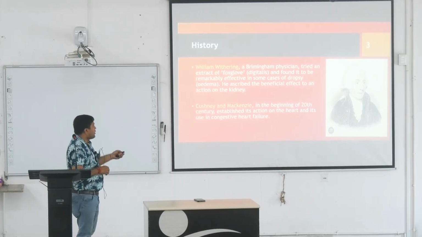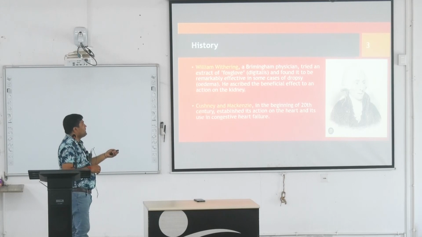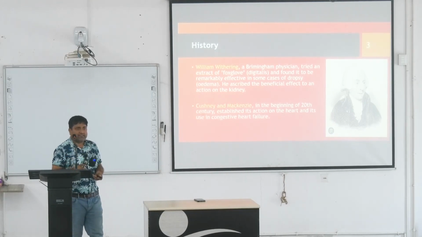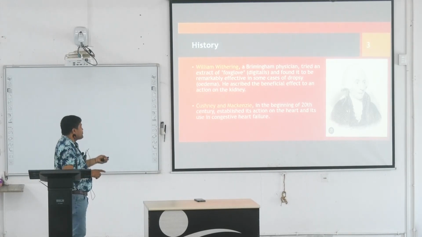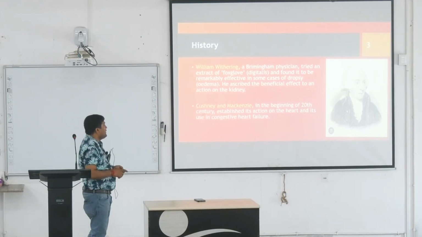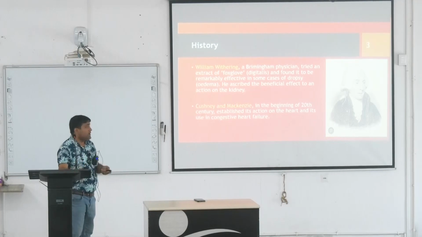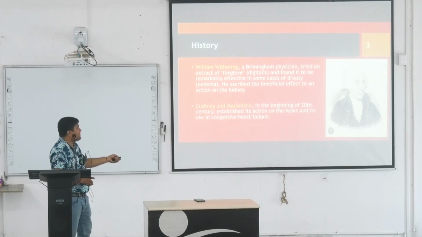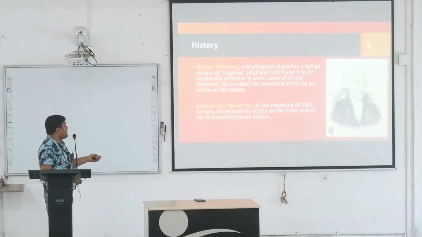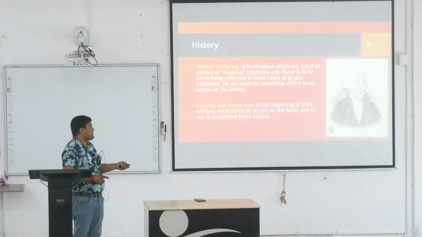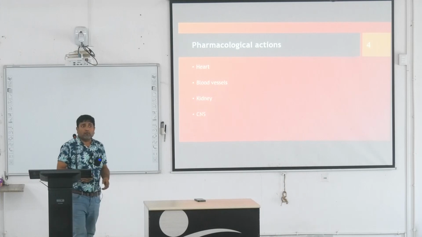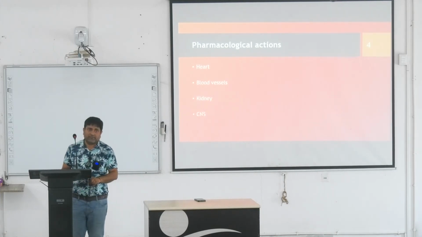He thought the beneficial effect of digitalis on the patient of dropsy was due to action on the kidney. It was Cushny and Mackenzie in the early 20th century who established that the action is on the heart, and they established the use of digitalis in a patient of congestive heart failure.